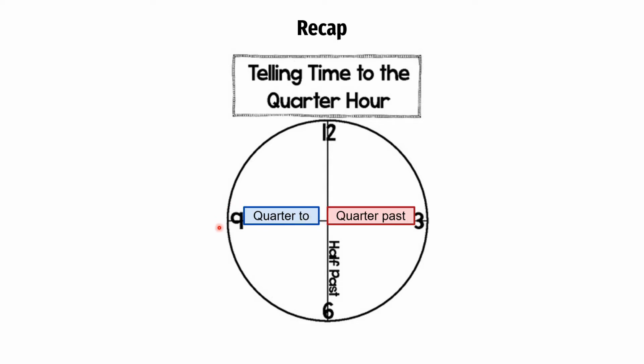However, if the long hand points to the 9, it will be quarter to. For example, quarter to 12 means it's 11:45, or quarter to 8, meaning it is 7:45. Let's do some exercise to further understand this.